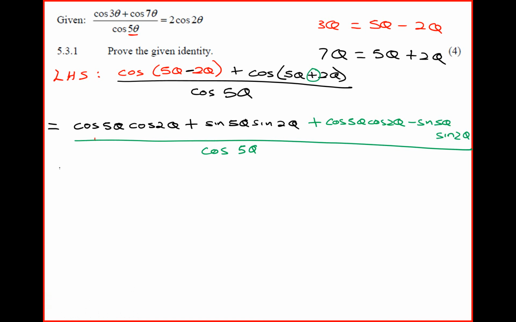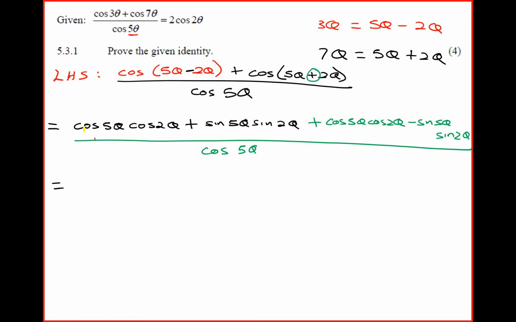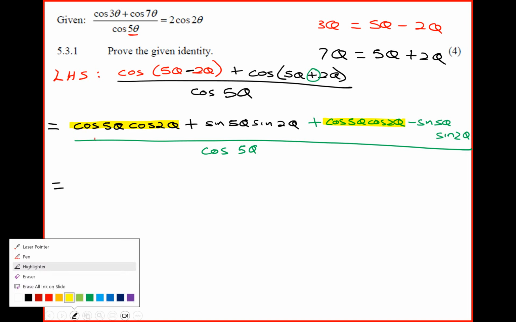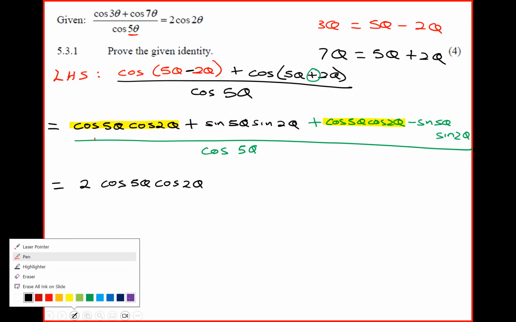Now, if we inspect the numerator and look for like terms, I'm going to take out a highlighter. So we see like terms. So we've got 2 of cos 5 theta cos 2 theta. So we can rewrite that as 2 cos 5 theta cos 2 theta. And then we continue to look for like terms.